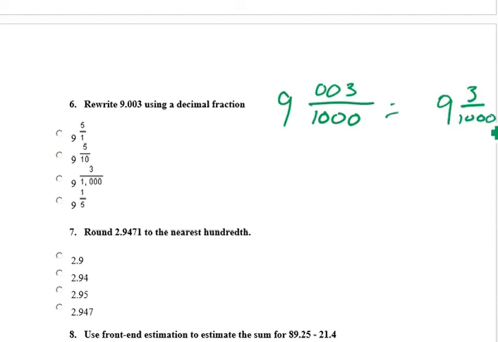Because the denominator has to have one more than the number of digits in the numerator, because it's less than 1. So the other way we could do it is tenths over 10, hundredths over 100, or thousandths. The 3 is in the thousandths place, and so we have to have it over 1,000. So that's the number I'm looking for, 9 and 3 1,000ths.